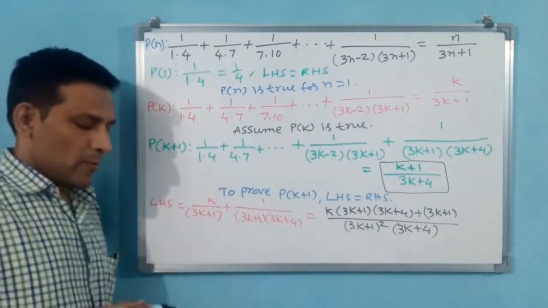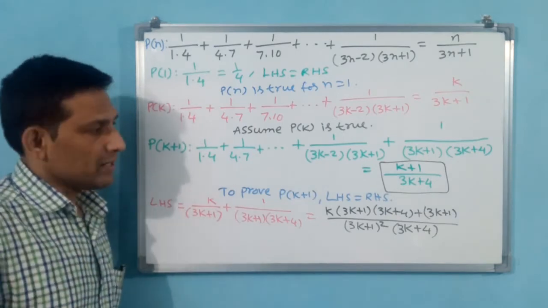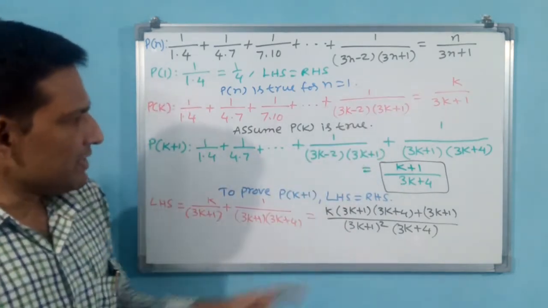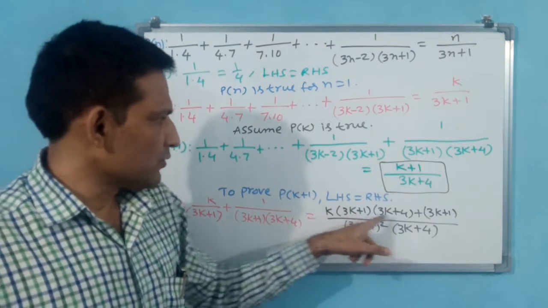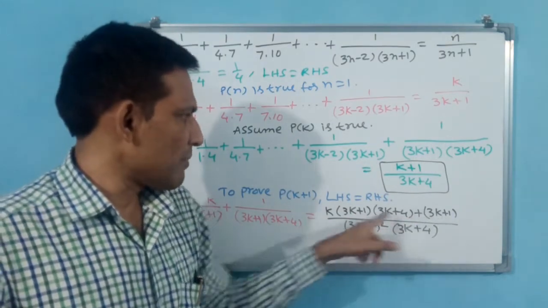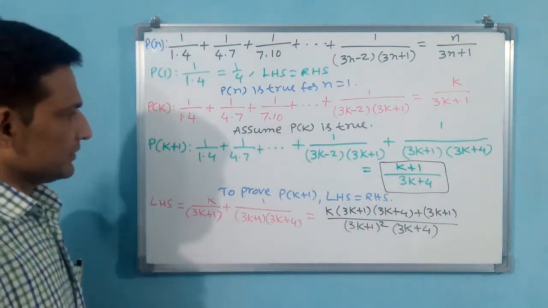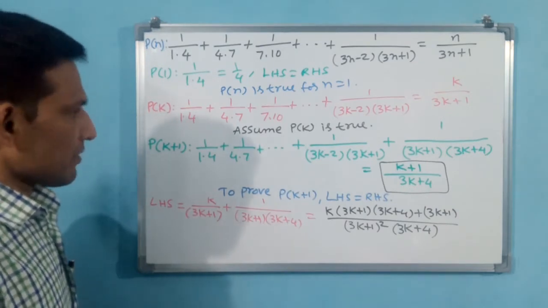Is it okay now? Now stop here and analyze. First you take common: 3k plus 1 common is there, you take that common. Afterwards we will see.